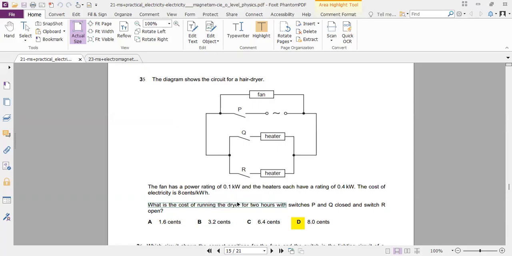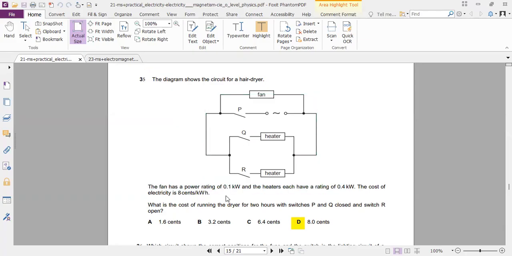So the cost of the dryer for 2 hours, with switch P closed, Q closed and R open. Remember, P turns the fan on, which has 0.1 kilowatt.